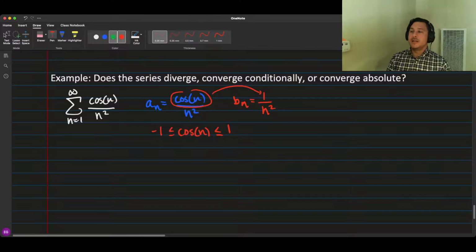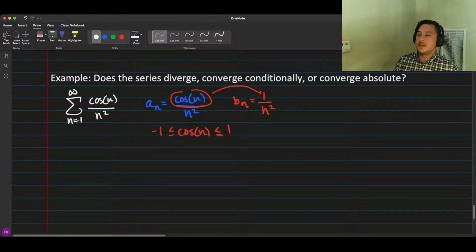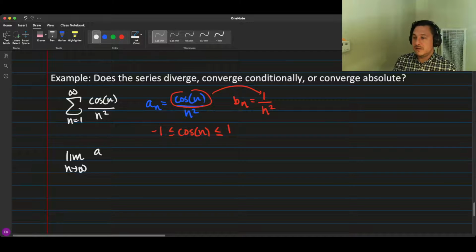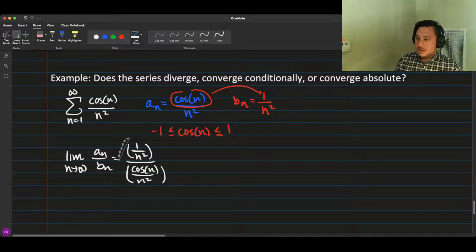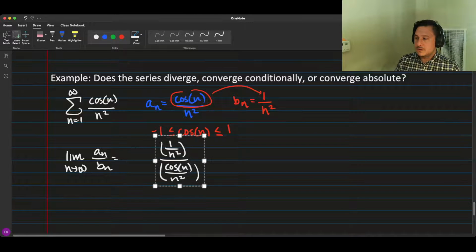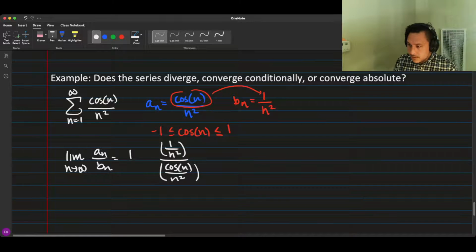Okay, so let's do the comparison test to figure out whether this thing converges or not. So you do the limit as n goes to infinity of a_n over b_n, where your a_n is 1 over n squared, and your b_n is cosine n over n squared. I forgot to write the limit. So I've got the limit as n goes to infinity of this.